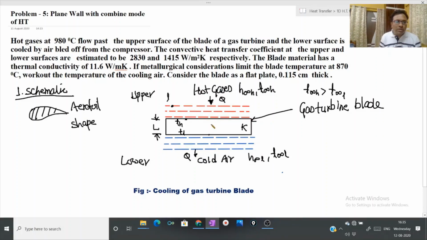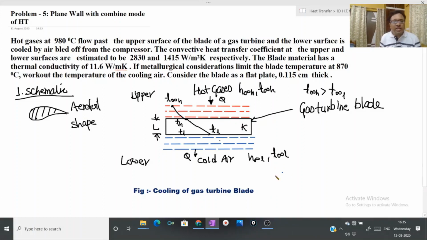So temperature drop will take place from T infinity H to temperature TH. Further, the blade material will offer some thermal resistance, so temperature drop will also take place across it from TH to TL.